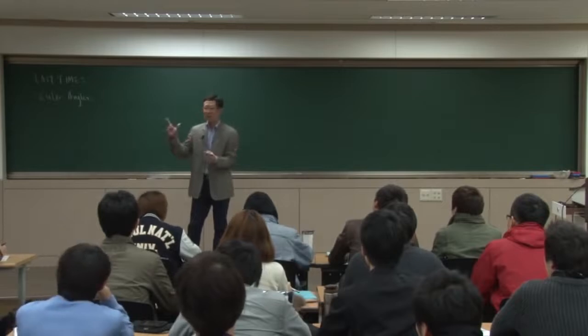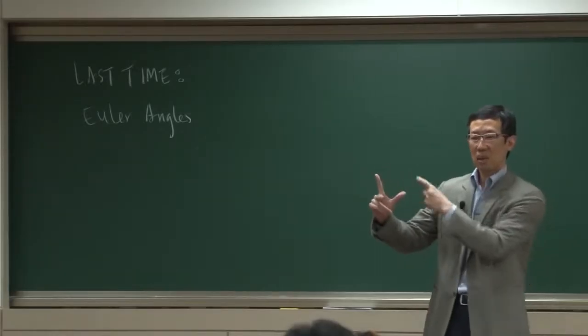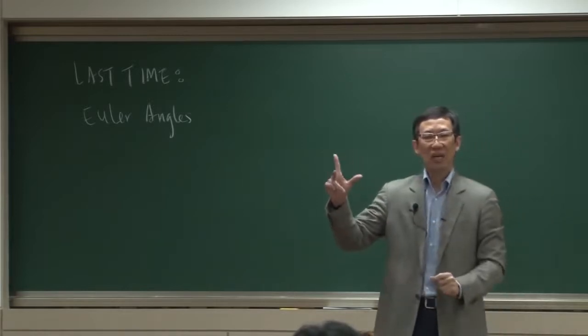We looked at an actual robot wrist, and we worked backwards. We said, well, how can we determine the orientation of this wrist as a function of its joint angles?